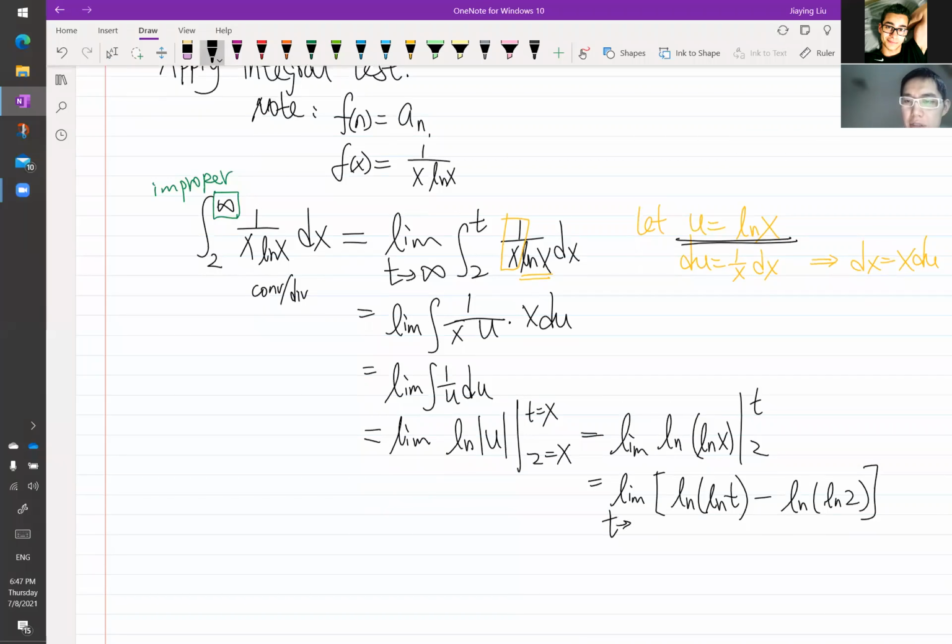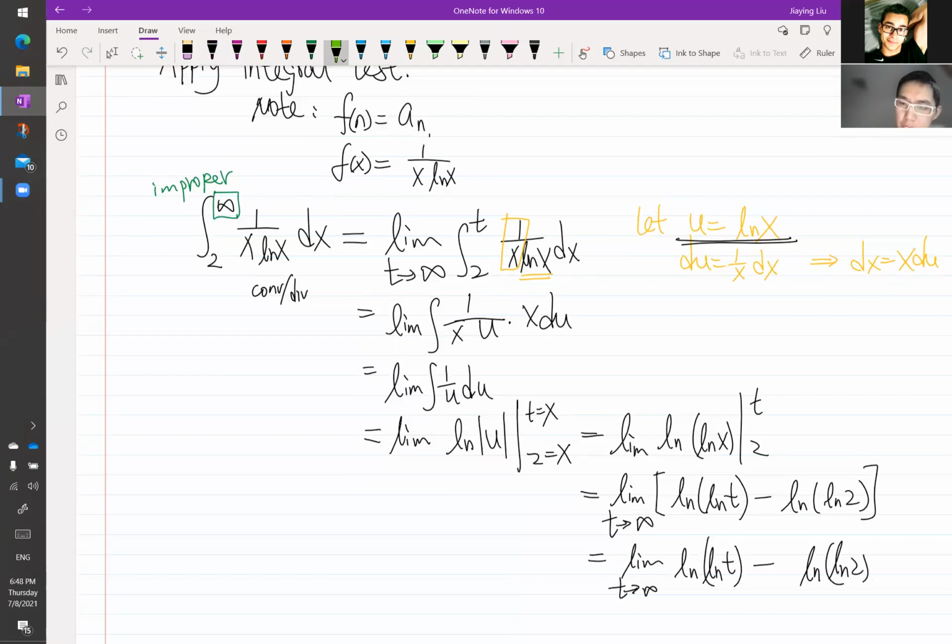And t goes to infinity. So let's look at this: the limit as t goes to infinity of the first term, minus the limit of the second term, which is just itself, a constant.